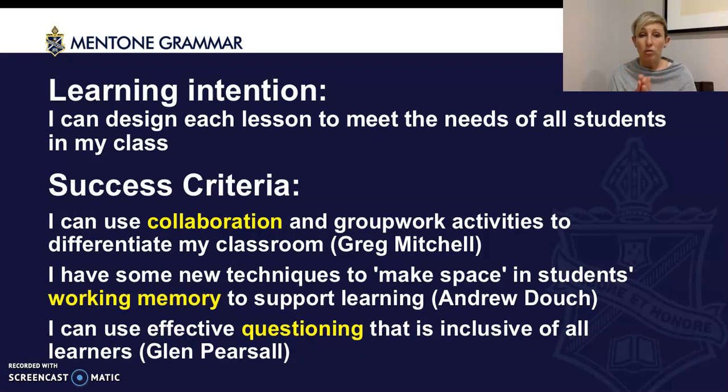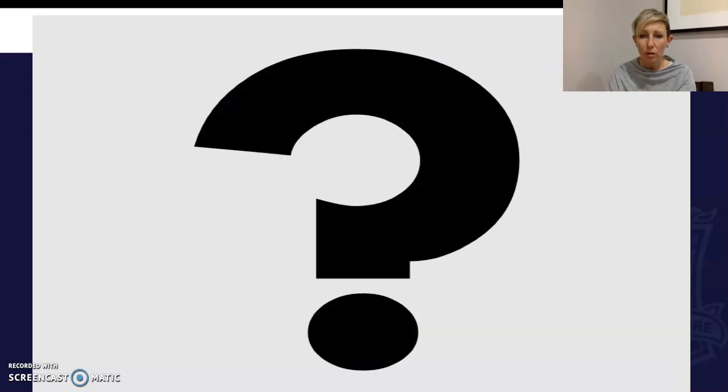helping all students to engage and participate in answering the questions that we pose, rather than the usual 5 or 6 students that answer every question and shoot their hands up. On the back of the worksheet that I've given you are a range of different questioning suggestions.